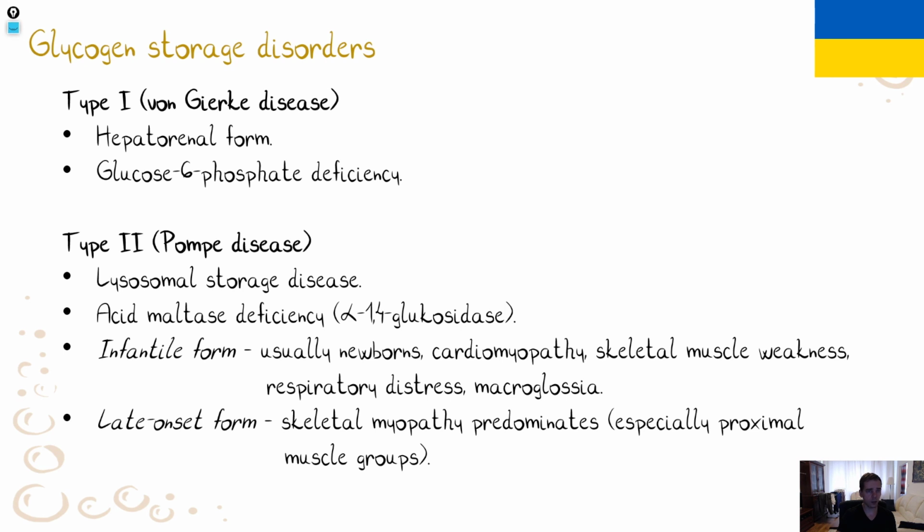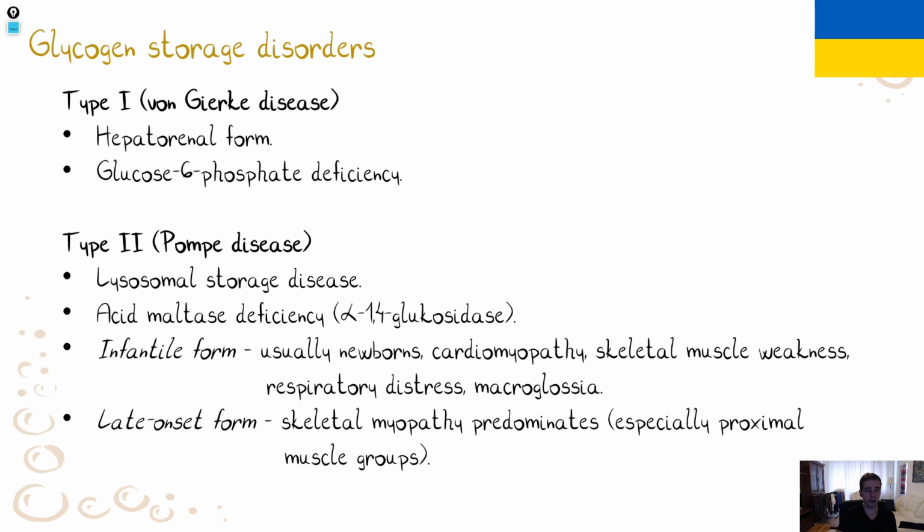The other glycogen storage disorders are cytosolic, but this is a lysosomal one. There is a deficiency in so-called acid maltase or alpha-1,4 glucosidase, and it can be subclassified into infantile and late onset form. The late onset form manifests mainly by skeletal myopathy. The skeletal myopathy predominates here, especially in proximal muscle groups.